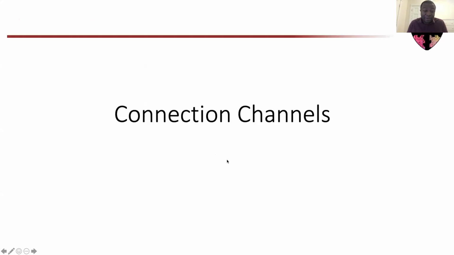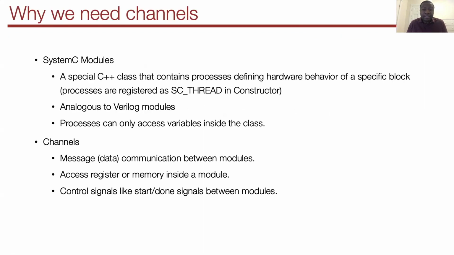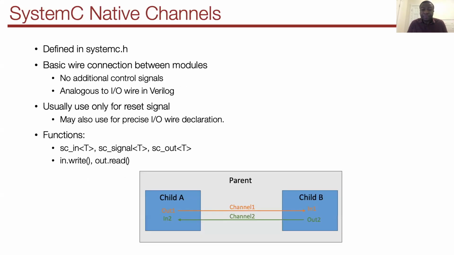Now let's talk about channel, because this is a very important topic in C++ design for HLS. So why do we need channels? Recall that the processors inside a SystemC module can only access variables declared inside the module. So we need a channel to make these variables accessible by external SystemC modules.